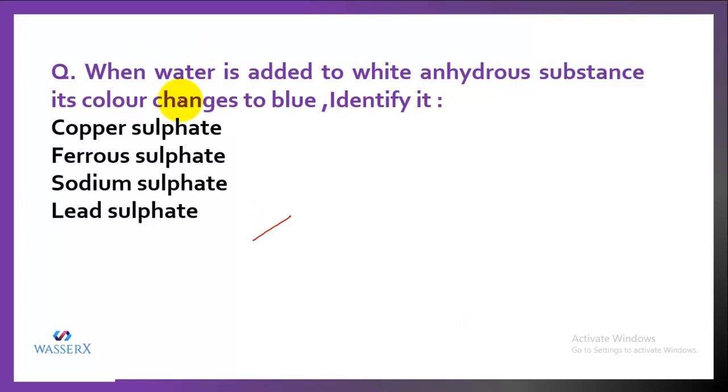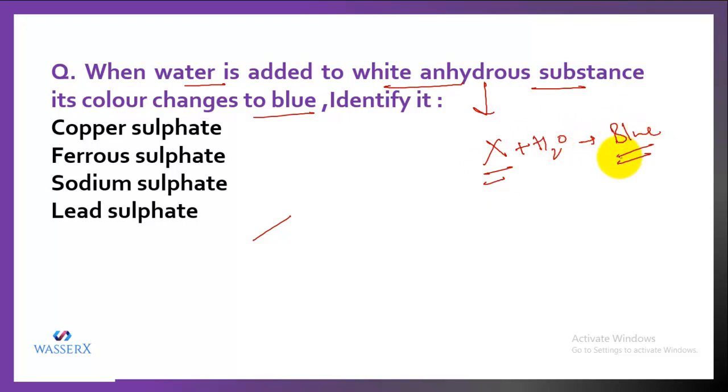Another question is, when water is added to a white anhydrous substance, its color changes to blue. Let's say we have the white anhydrous substance as X, and when we add water to it, it forms a blue colored aqueous solution. So identify X. Is it copper sulfate, ferrous sulfate, sodium sulfate, or lead sulfate?